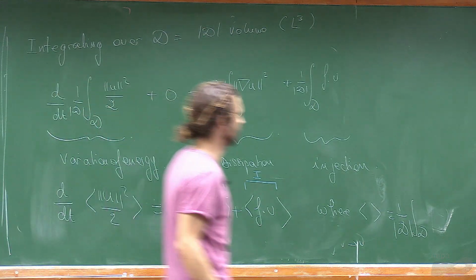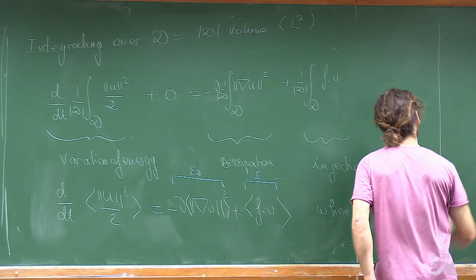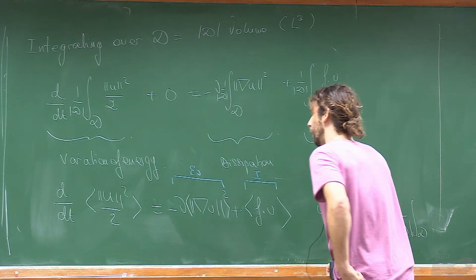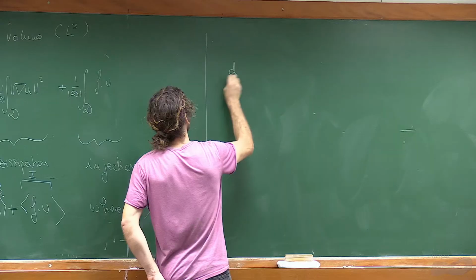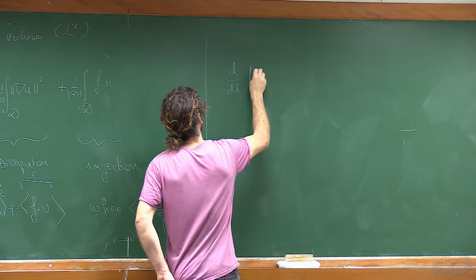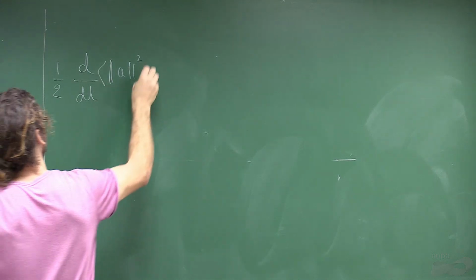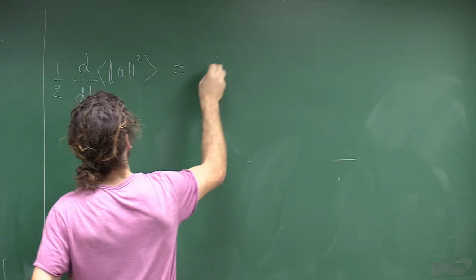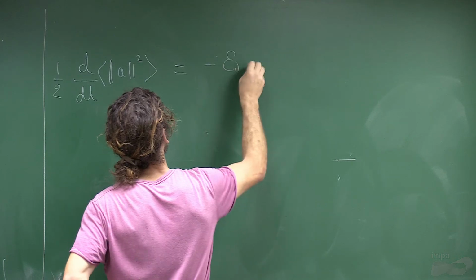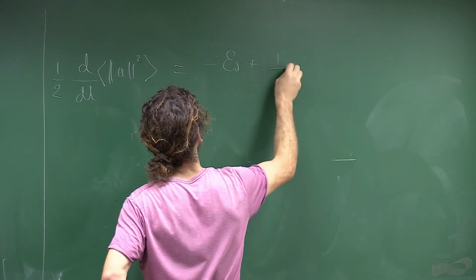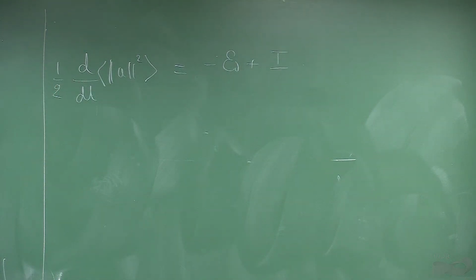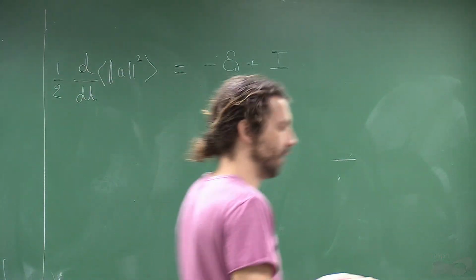And so the budget becomes a very simple equation: d over dt of u squared over 2 is equal to minus epsilon u plus I. Imagine that I choose a forcing with which I can control the rate of energy injection.